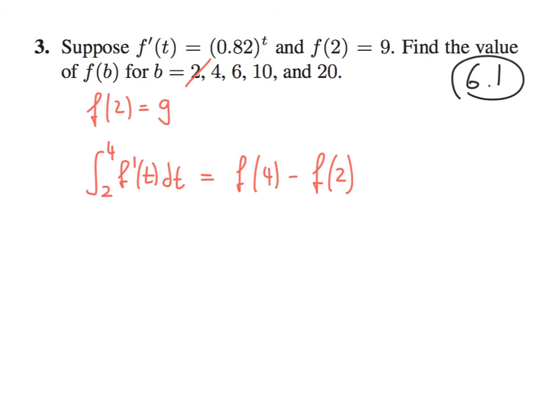Now it's f of 2. So we have to adapt our approach a little bit. We cannot use 0 here because we don't know f of 0 yet. But we know f of 2, so we just take the definite integral from 2 to 4, which would be f of 4 minus f of 2. Okay. So now we can rearrange this and write f of 4 is equal to f of 2 plus the definite integral from 2 to 4 of f prime of t dt.